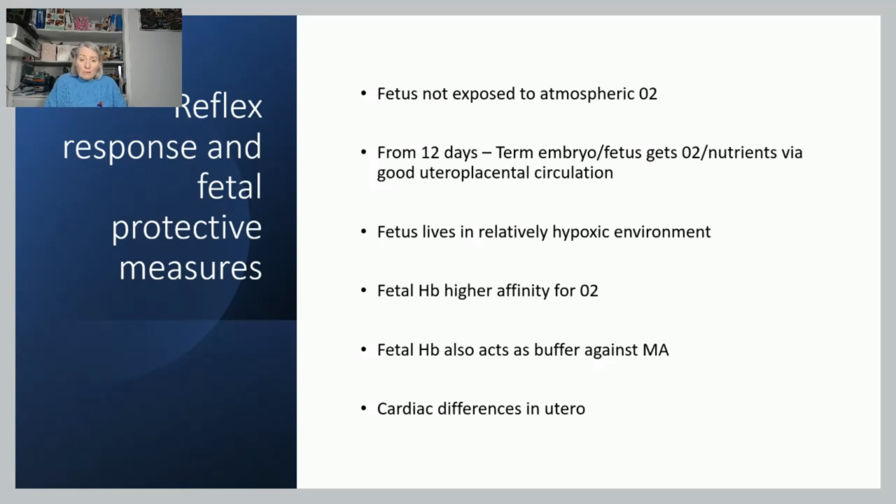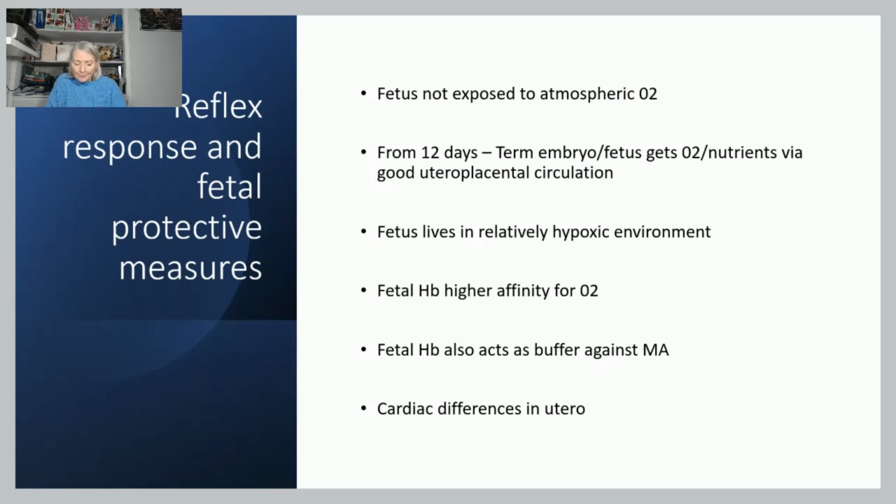So really, from 12 days to term, the embryo/fetus gets its oxygen and nutrients via good uteroplacental circulation. So anything that's going to interfere with that will put that baby more at risk. So things like IUGR, preeclampsia, anything that is going to interfere with that placental perfusion is going to put that baby at more risk of rapidly developing hypoxia in labour.